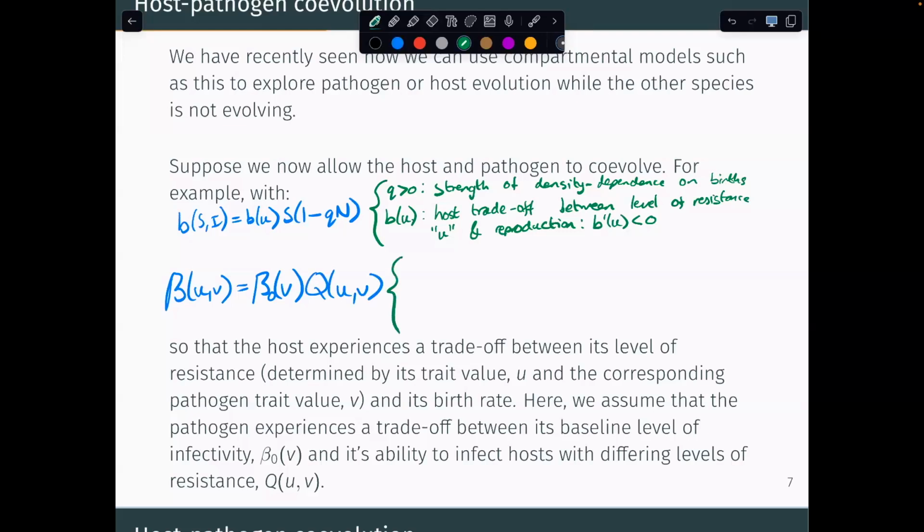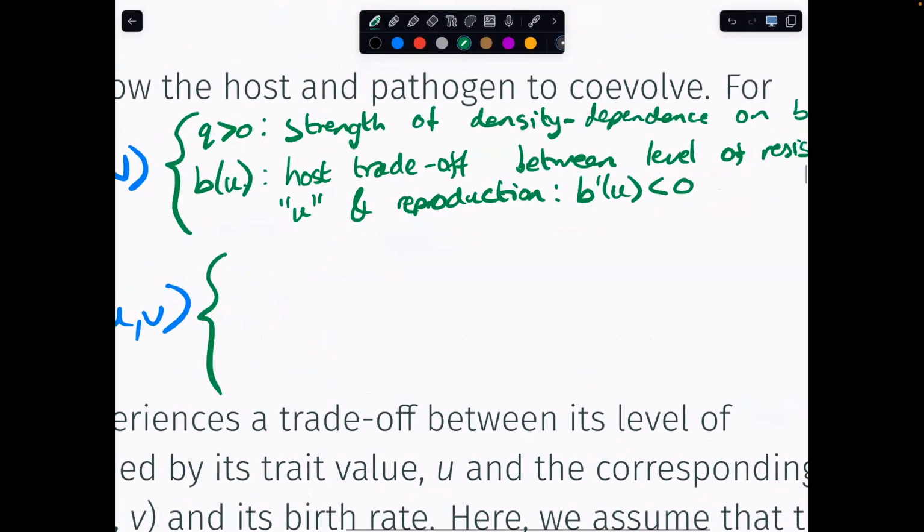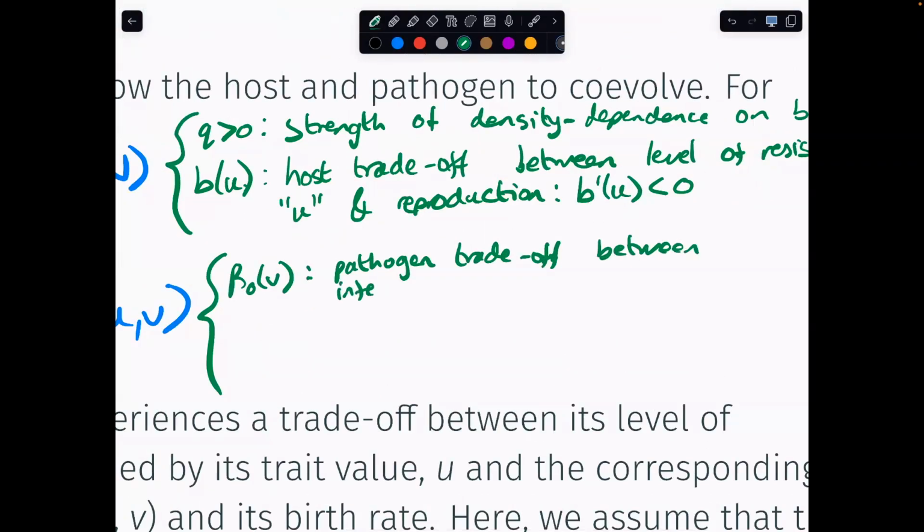So break these down. Beta naught of V is the pathogen's trade-off between infectivity. So here, language becomes a little bit difficult because we end up referring to some of the same things by the same terms.